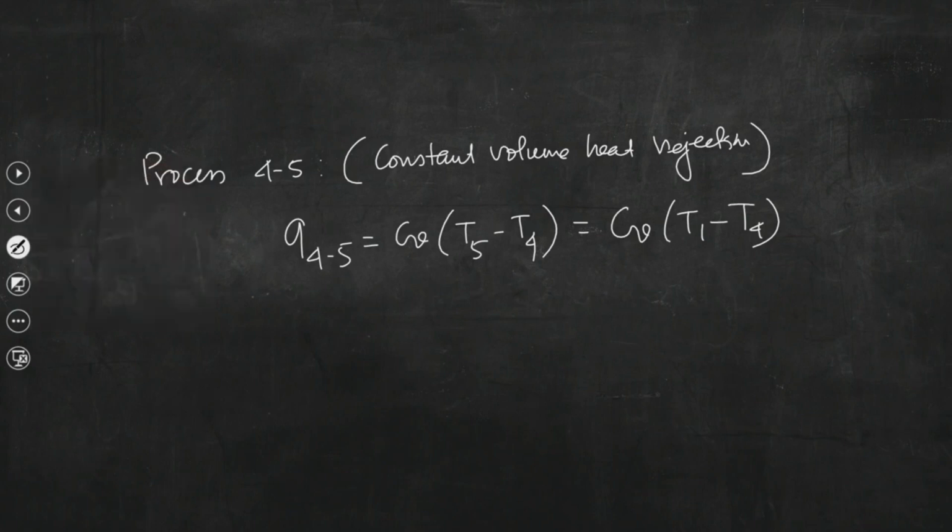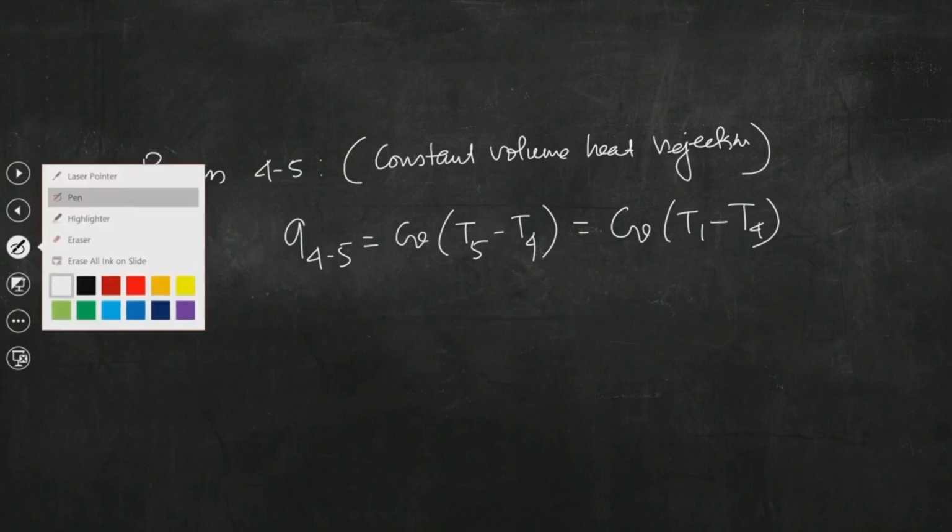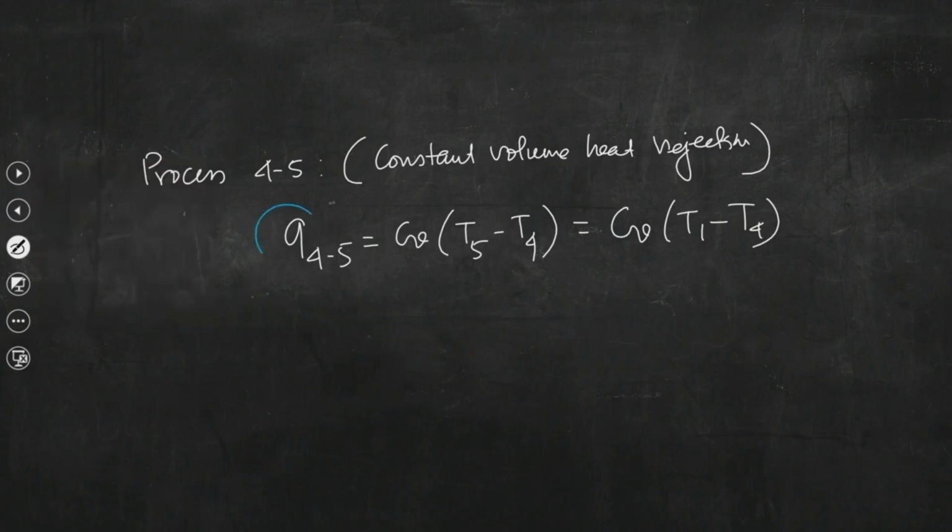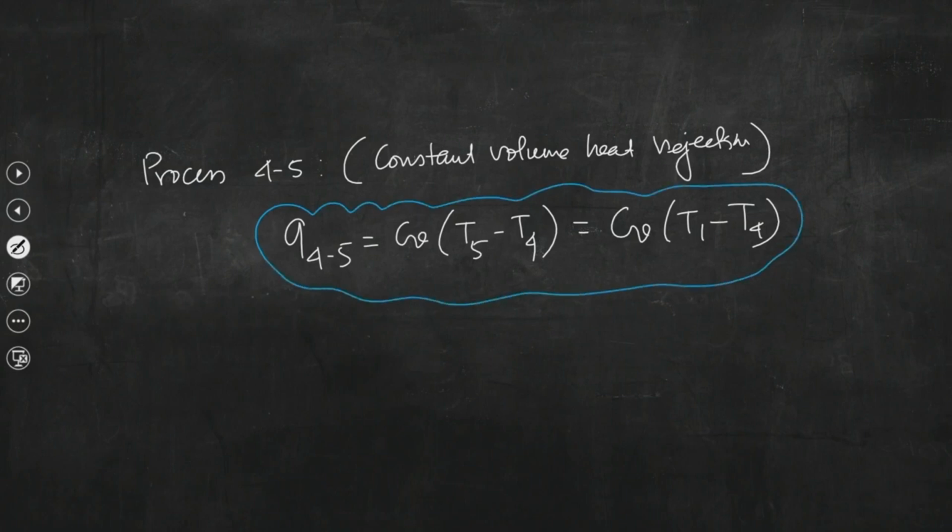Okay, let me keep this quantity inside a box. So, this is the heat rejection, Q out.